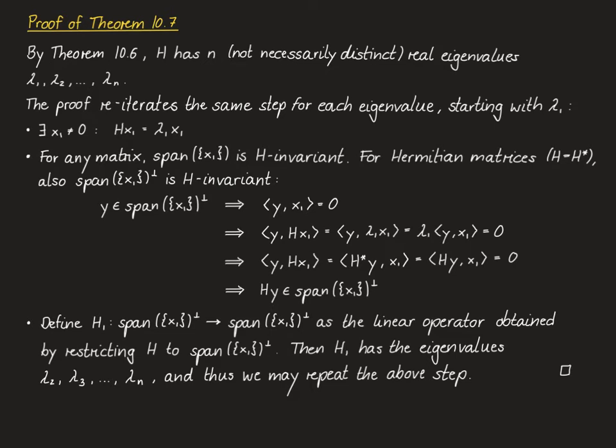Thus, H1 has n-1 eigenvalues, which are exactly the other eigenvalues of the operator H, so lambda 2 through lambda n, and hence we may repeat the same steps as above for lambda 2, and then we define H2, and then for lambda 3 and so on, up to the last eigenvalue lambda n. So as a result, we get a full list of n mutually orthogonal eigenvectors, and hence the result stated in Theorem 10.7.